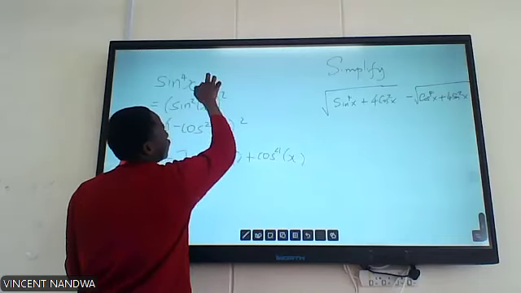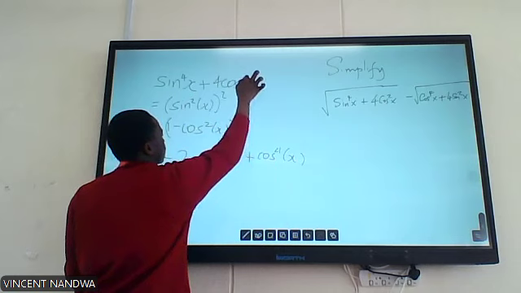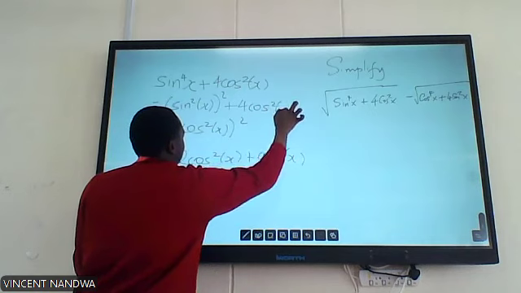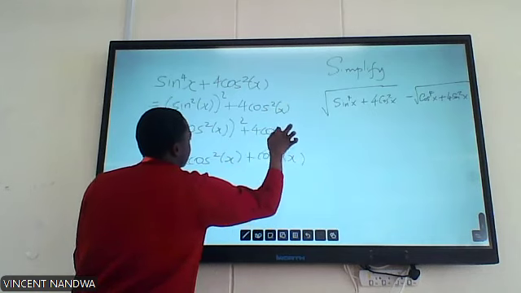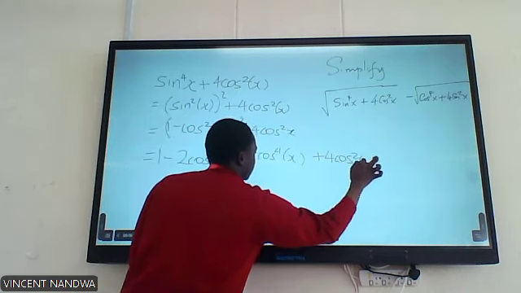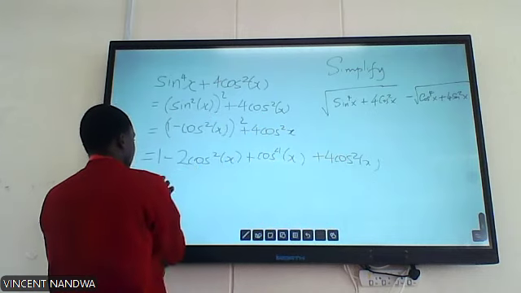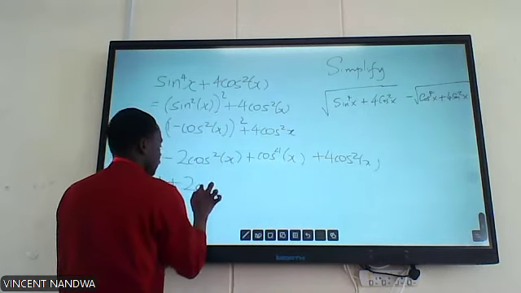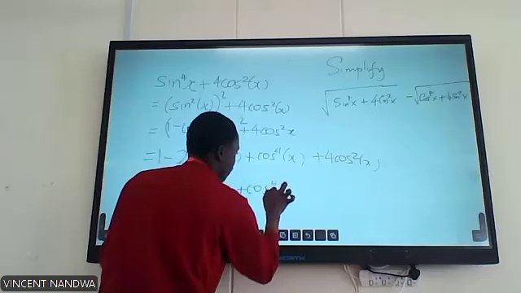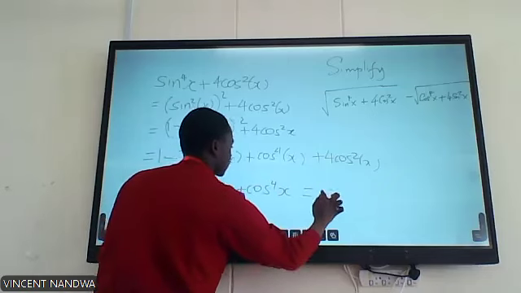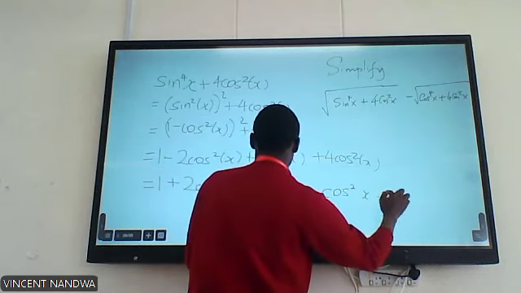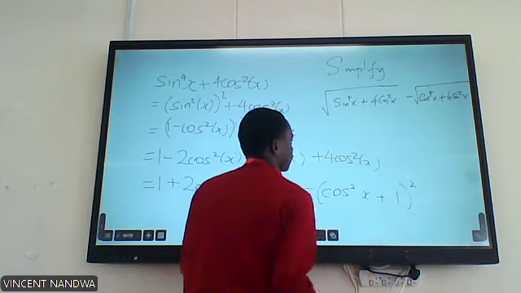But then if I add the 4 cosine squared x, these two will simplify to become 1 plus 2 cosine squared x plus cosine power 4 of x, which can be rewritten as cosine squared x plus 1 squared.